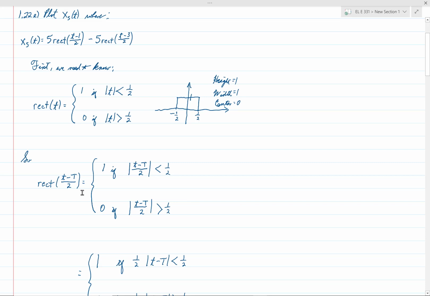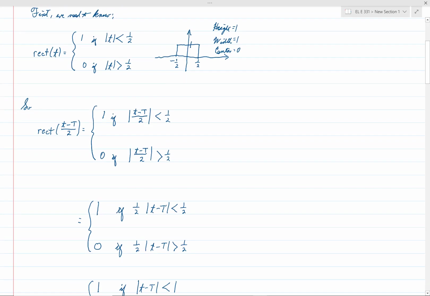Okay. Well, we're going to use the same trick that we used in our previous lecture. Since we have replaced this t by t minus capital T over 2, we will do the same thing on the right-hand side. So we bring down the 1 and bring down the 0, but this t becomes t minus capital T over 2, and likewise this t becomes t minus capital T over 2.